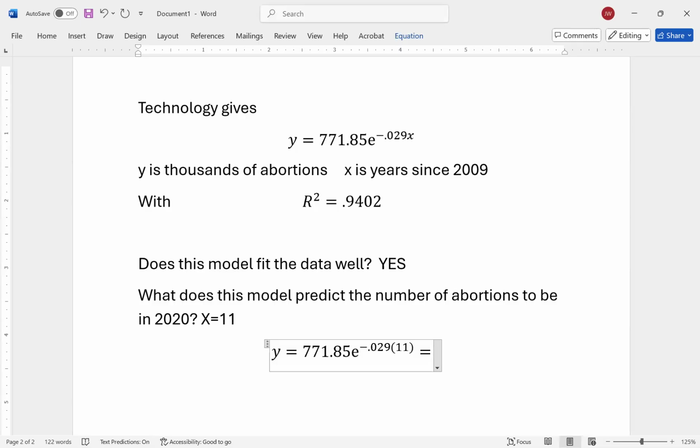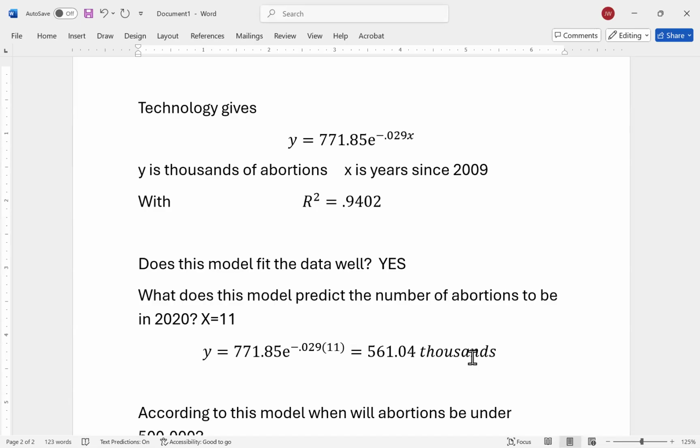That's about 561.04. And that is thousands of abortions that take place in the United States. So that's what the prediction would be for number of abortions in 2020.